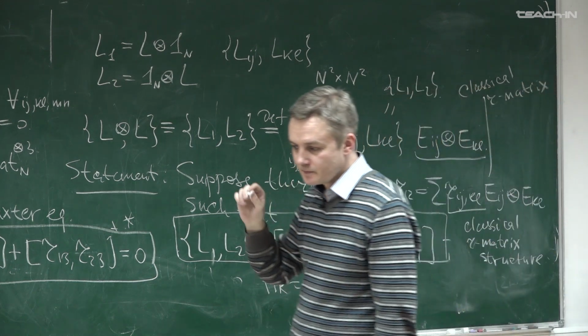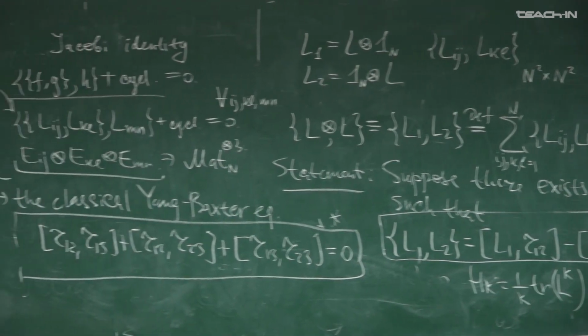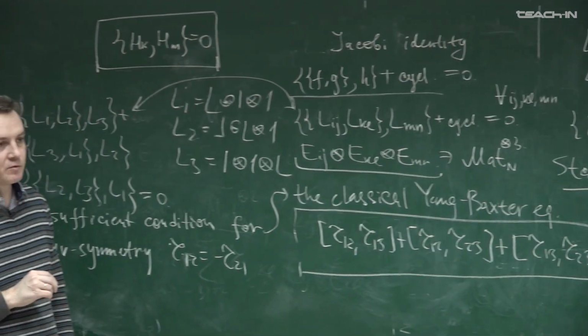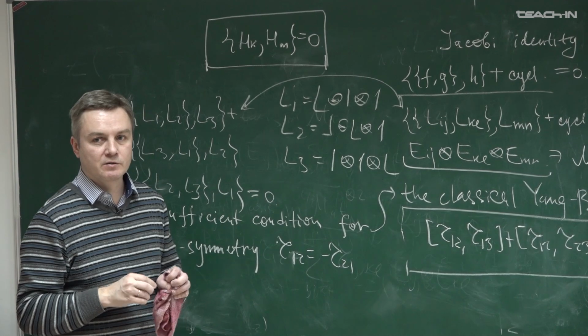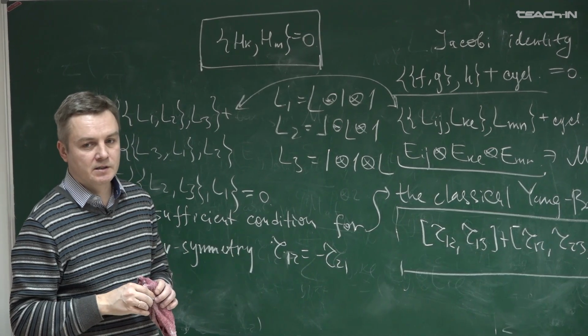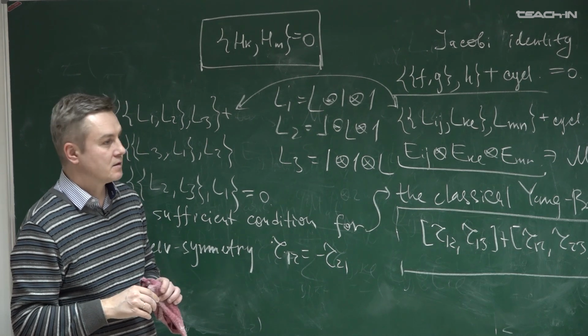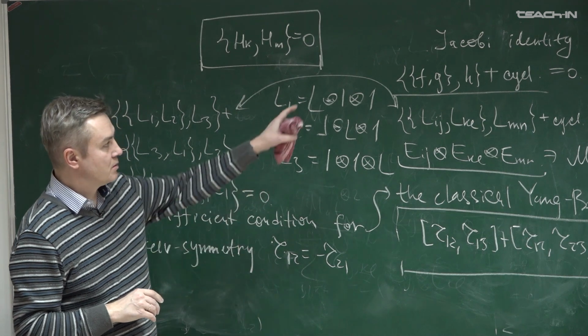But now we understand that our R matrix is a very strong and very fundamental object. And of course, it is important for us to understand what kind of R matrices exist. So we want to write down some equation which defines our matrix. And this equation naturally follows from Jacobi identity.